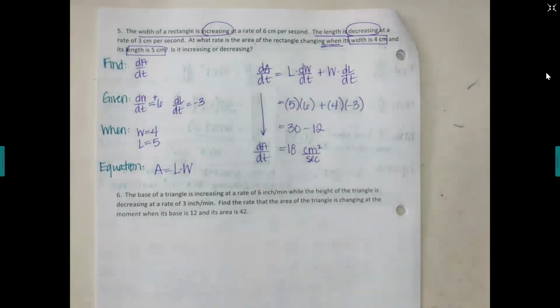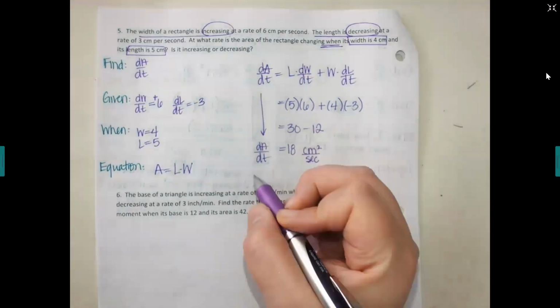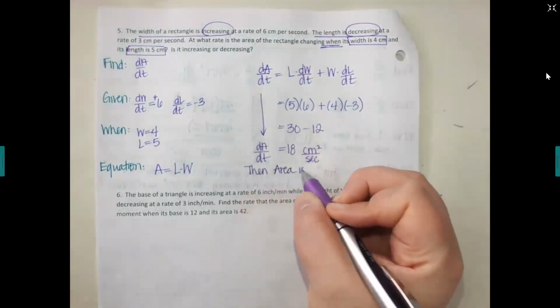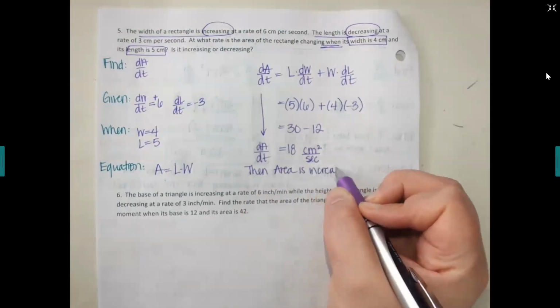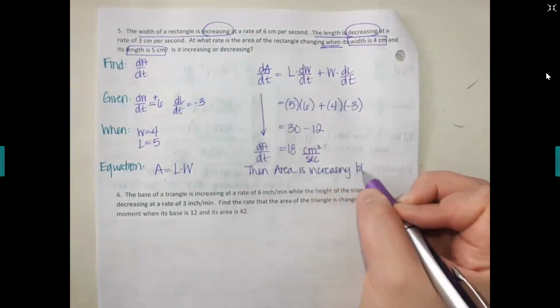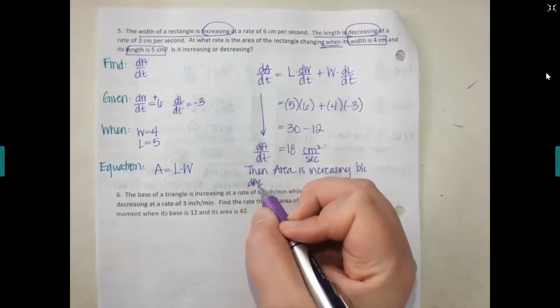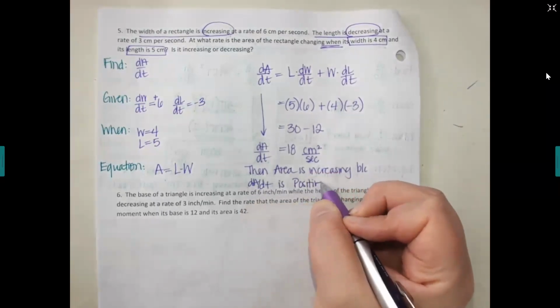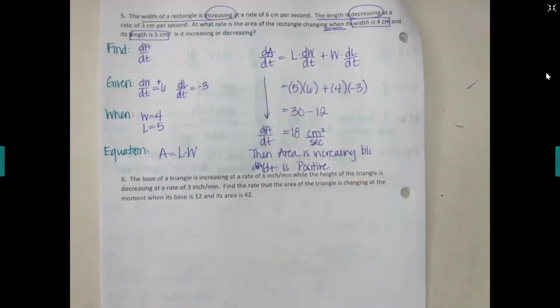That would depend on whether this came out positive or negative. How did it come out? So I would put the area is increasing because my dAdt is positive. Versus if your dAdt had come out to be negative, that would mean that the length shortening ends up overall making the area shorten.